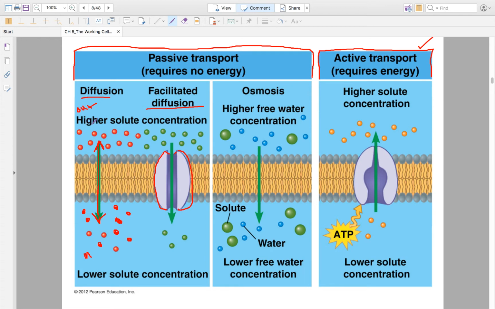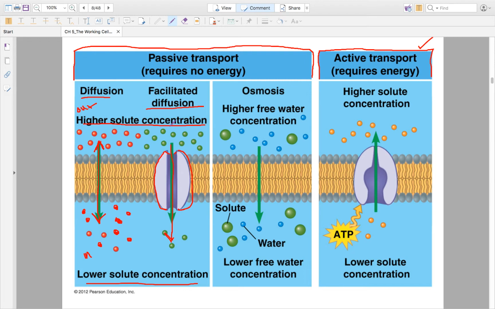All solutes will move from a region of higher concentration to a region of lower concentration until they meet equilibrium. Diffusion is when solutes pass through the membrane directly. Facilitated diffusion is when there's a protein involved that's facilitating the transport. Solutes always move from a higher concentration to a lower concentration across a plasma membrane until they reach equilibrium.